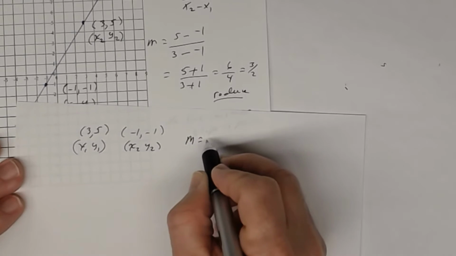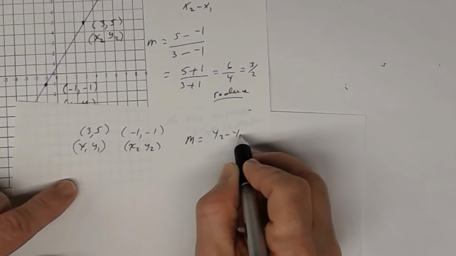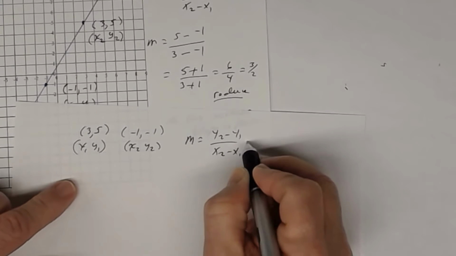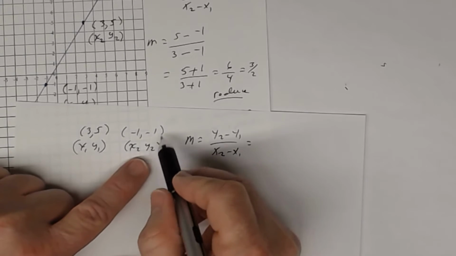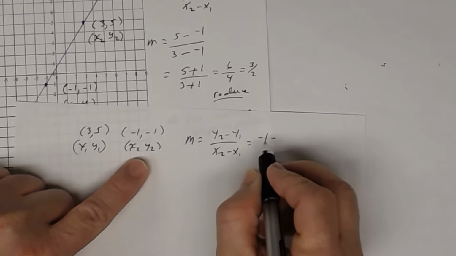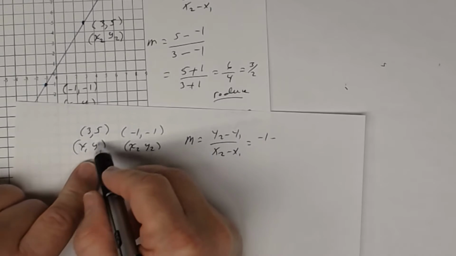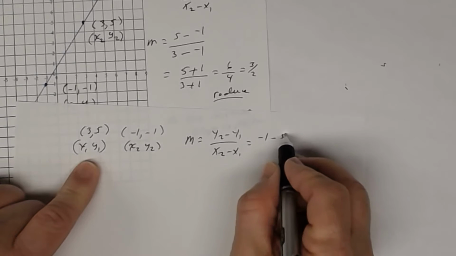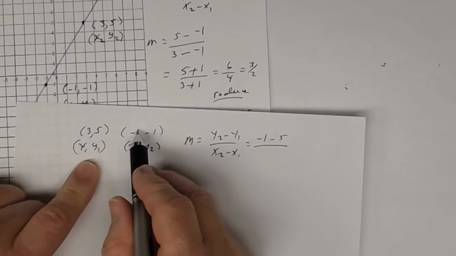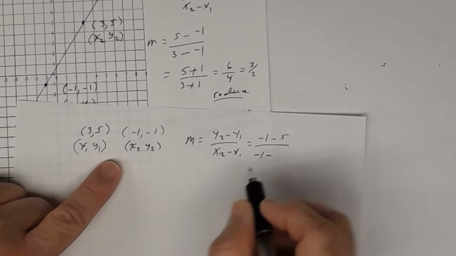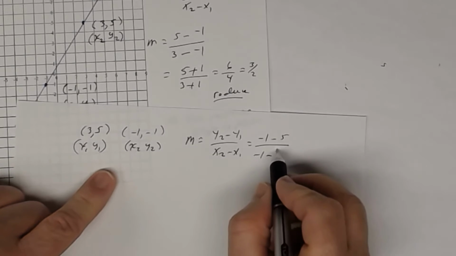So watch, the slope equals, remember, y2 minus y1 divided by x2 minus x1. So y2 this time is a negative 1, right? So I get negative 1 minus y1, which is this positive 5, divided by x2, which is negative 1, subtract x1, which is 3.